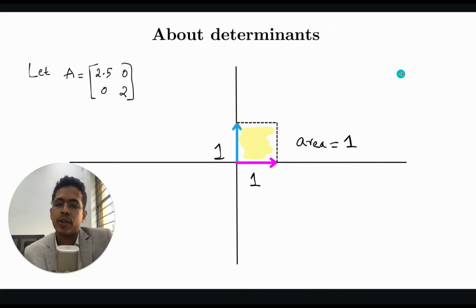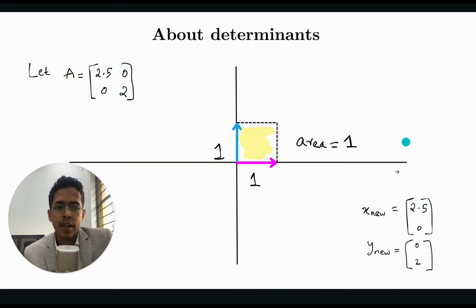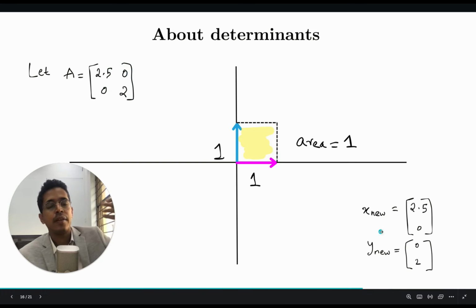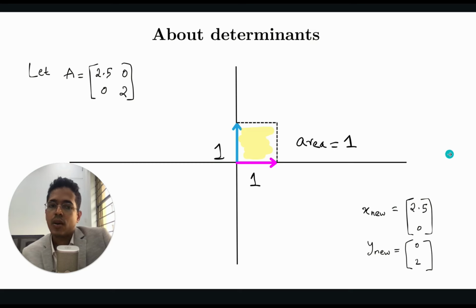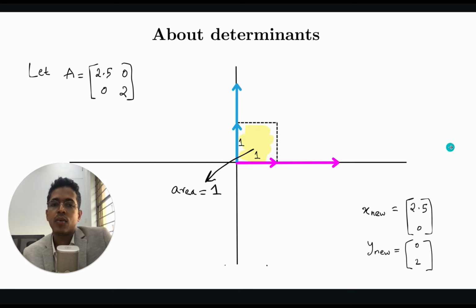So what will happen to the unit vector in the x direction? That will become x new, which is the first column of A, and y new will be the second column of A, so 0, 2. So x new and y new are how the unit vectors x cap and y cap will get transformed, right?